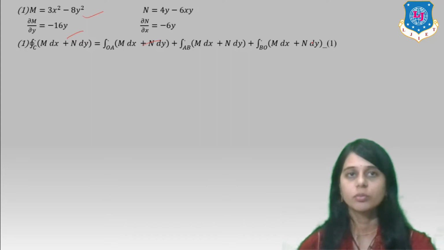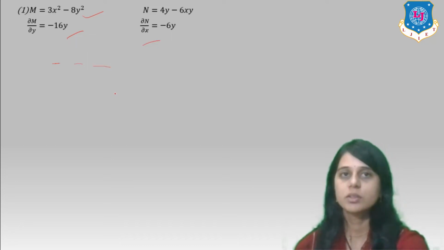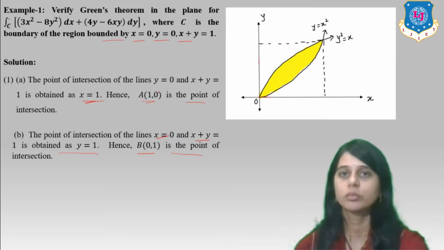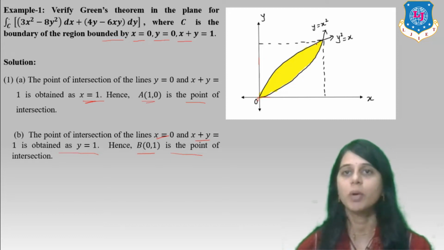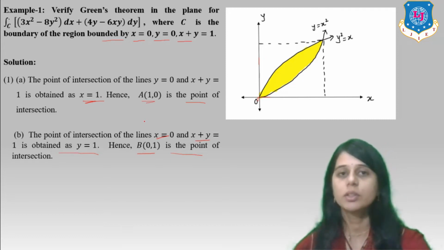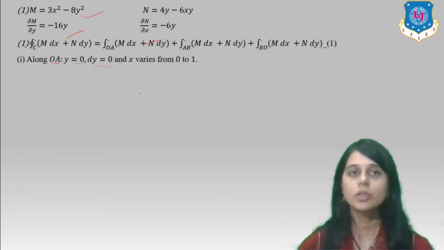That is equation 1. Now if we take the OA path, y equal to 0, so dy equal to 0, and x varies from 0 to 1.